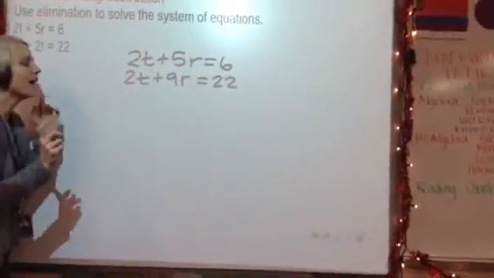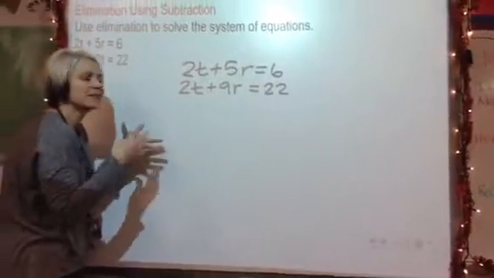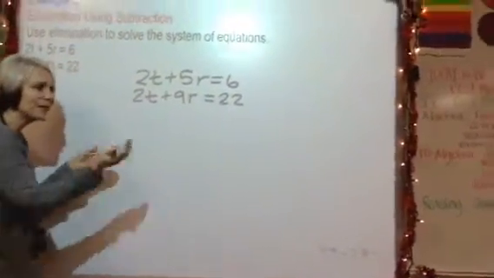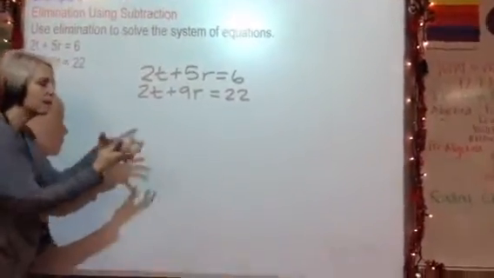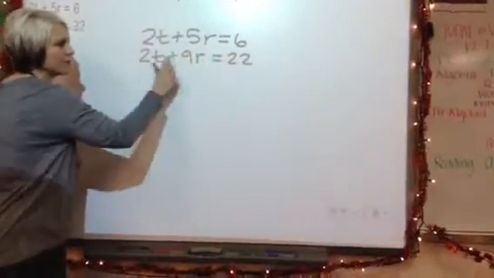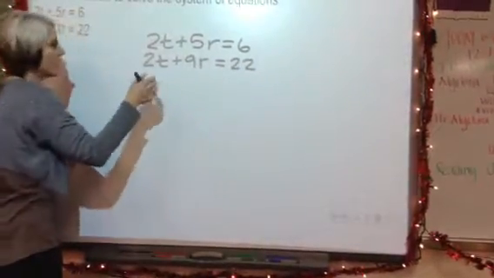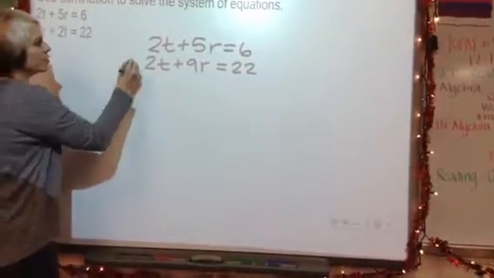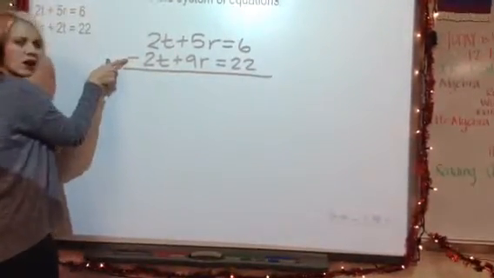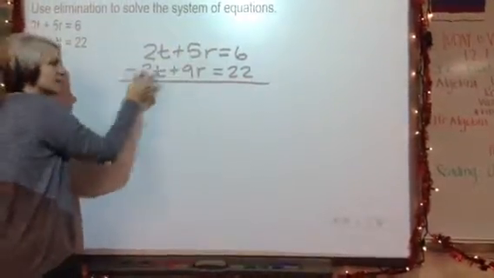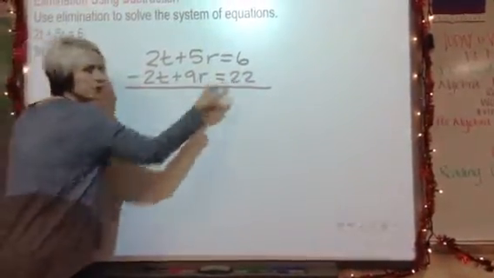For example, if I wanted to subtract some pennies and some quarters from my coin purse, I'm going to take both pennies and quarters out. I'm not going to take just pennies out. So if I'm taking these values away, I have to take all of them away. So here's a couple different things you can do. There are some people that like to do this, and then they have to constantly come back to this sign. So it's 2t minus 2t, 5r minus 9r, 6 minus 22.